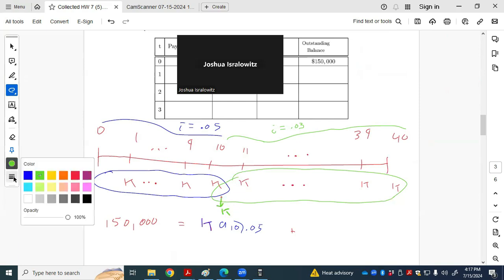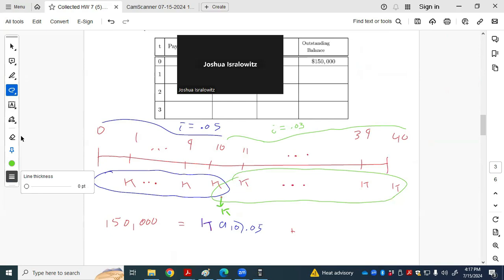Okay, this is getting too thick. So K a-thirty at 0.03, and we discount by 10 years, 10 to 0, at 5%.